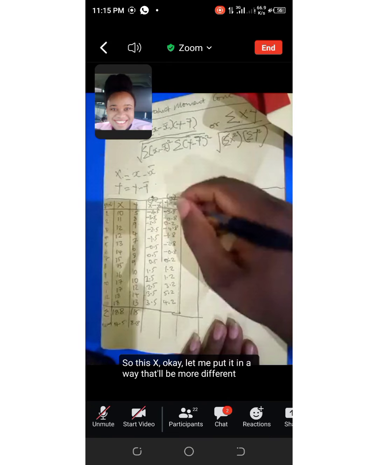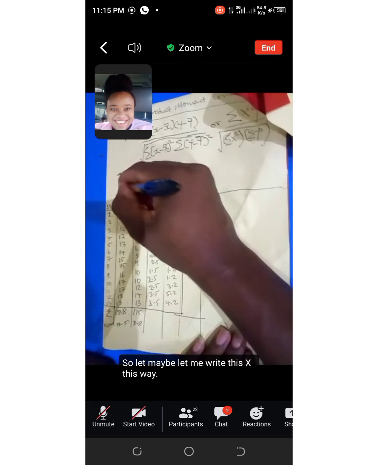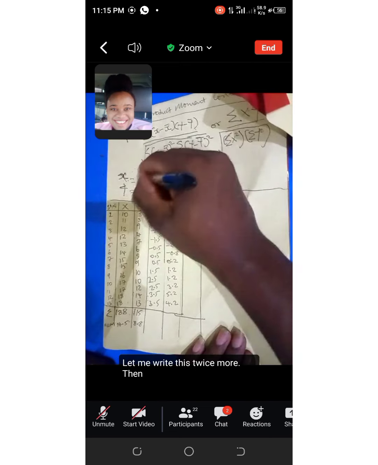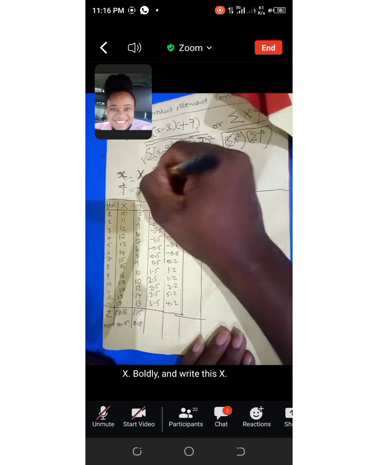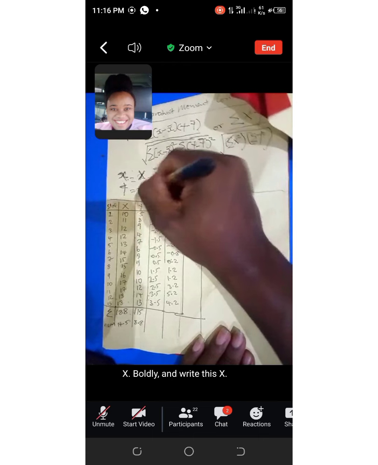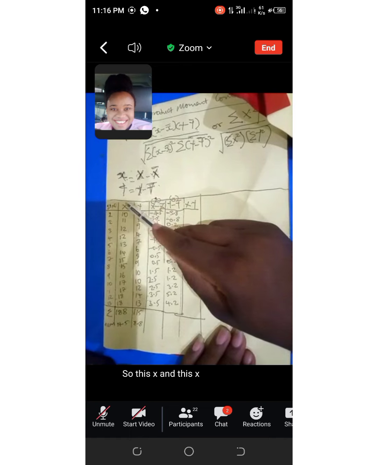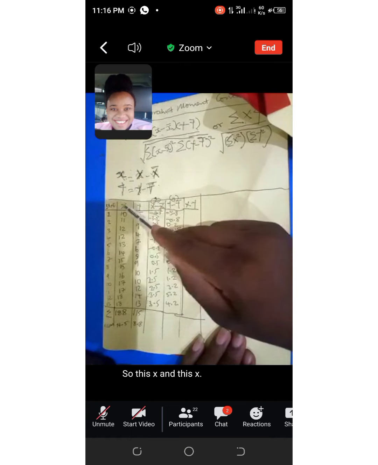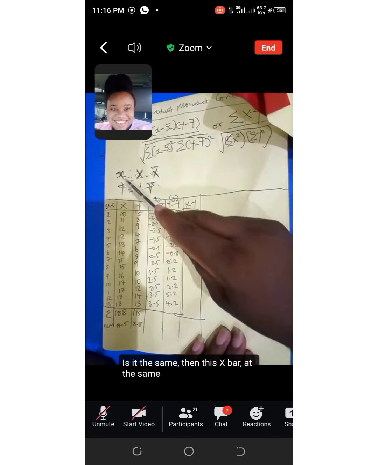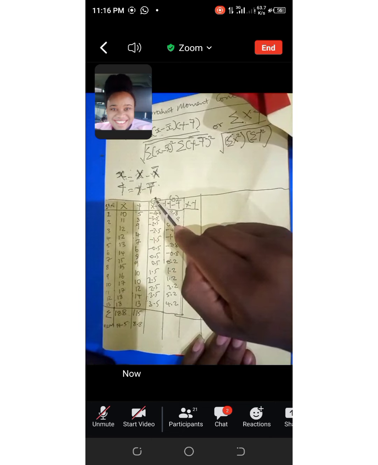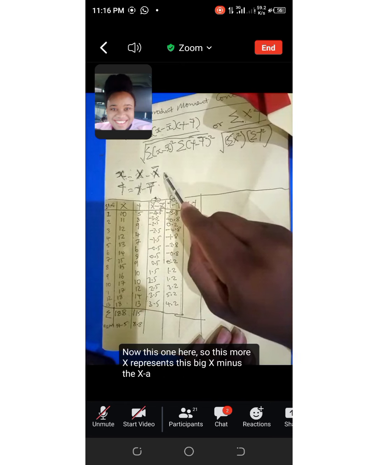Let me write this x small, and this y small. Then let me write this x boldly. This x and this x are the same. This x bar and this x bar are the same. But this small x represents this big x minus the x bar, and that's what we are trying to find the multiplication of.